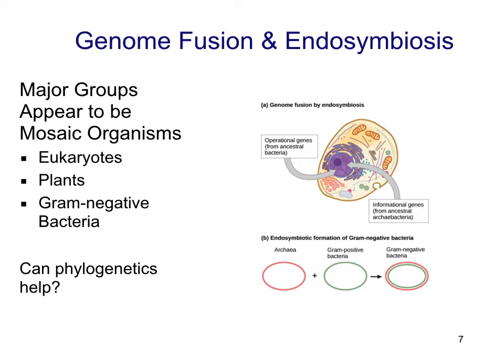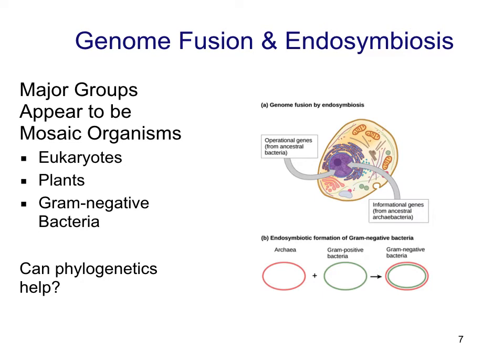In fact, we eukaryotes appear to be mosaic organisms, partly arisen by inheritance from a line of ancestors, but also from gene transfer. Endosymbiosis may have given us the mitochondria. We think perhaps gene fusion is the explanation for why we have a nucleus.